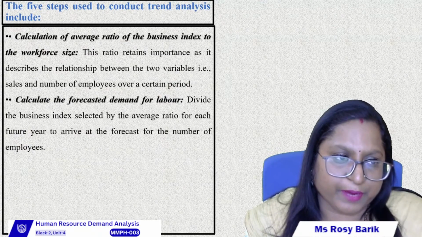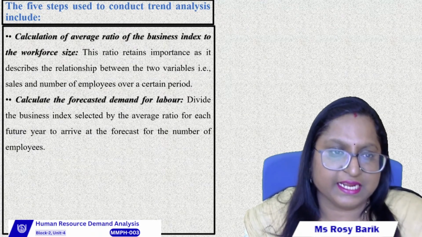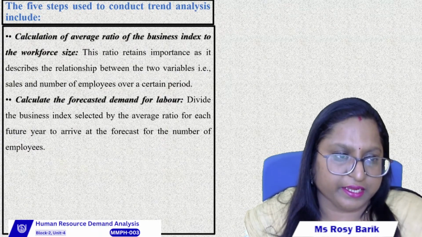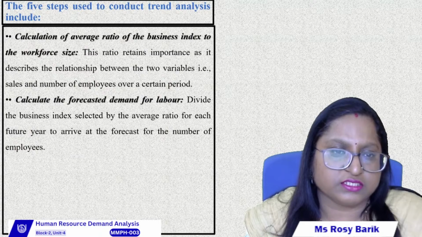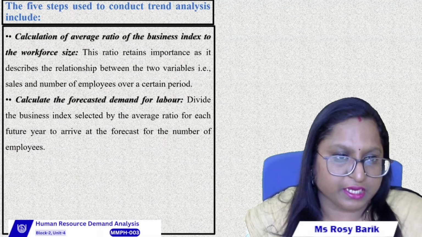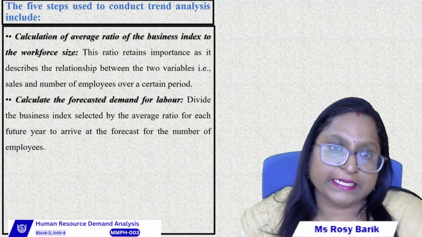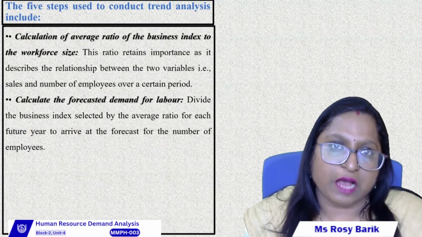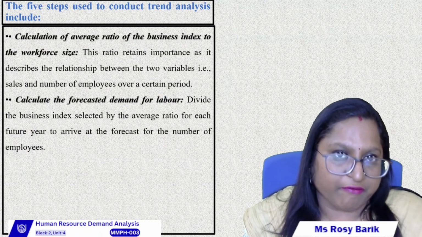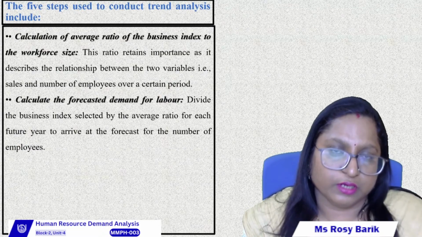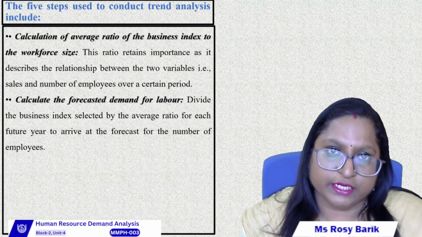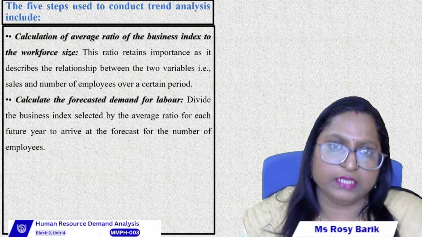Then we have to divide the business index selected by the average ratio for each future year to arrive at the forecast for the number of employees. We calculated in the previous table that from 2019 to 2022 the average ratio was 18.44, and after 2022 it became 18.64 in 2023, 2024 and 2025.